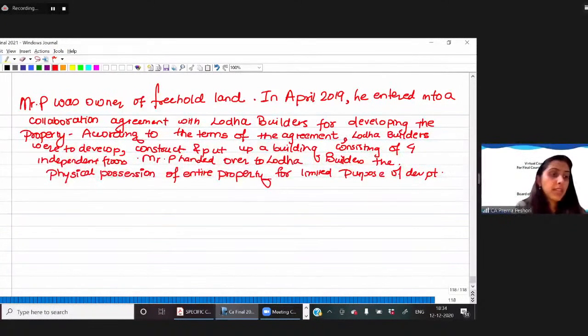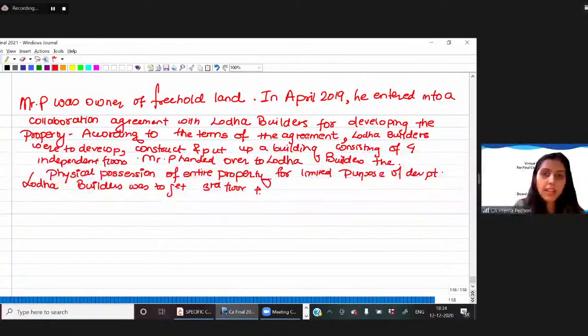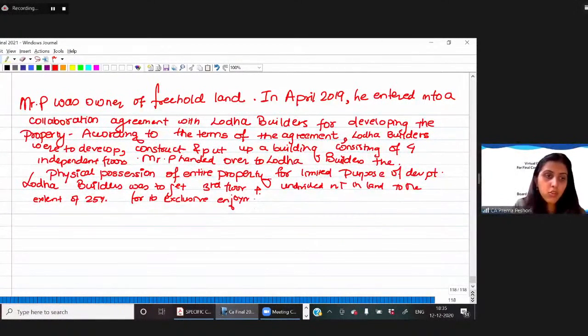Lodha Builders was to get the third floor plus undivided interest in land to the extent of 25% for its exclusive enjoyment.